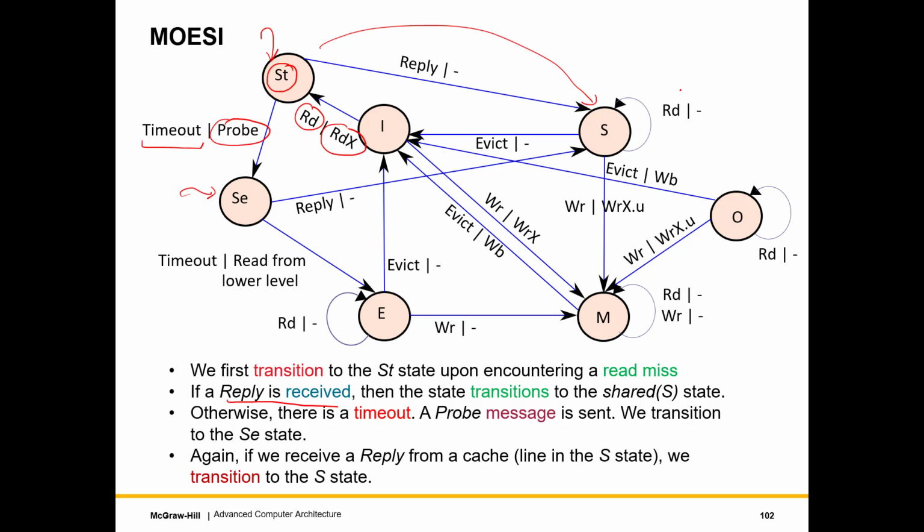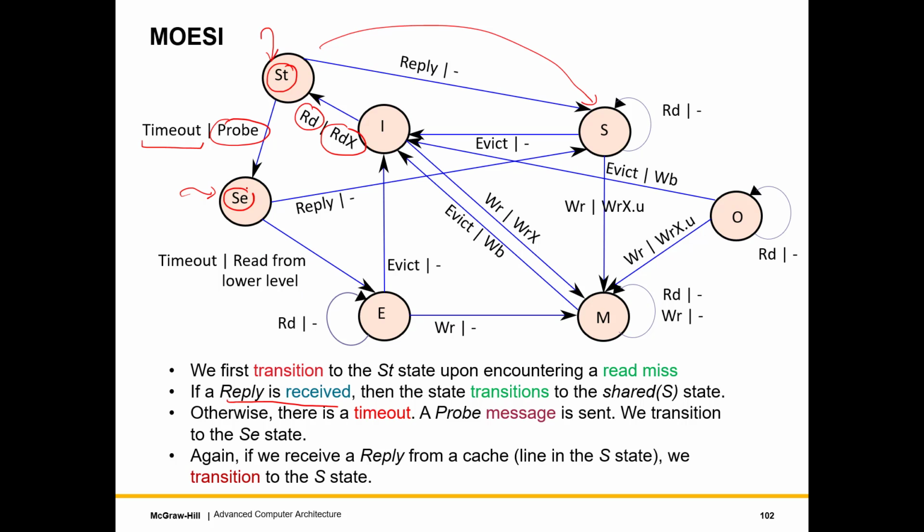So in this case, we send a probe message to all the rest of the sister caches. And let's say multiple sister caches have a copy of the block. Like the previous mechanism, they arbitrate for the bus and one of them sends a copy. But in this case, because probe messages are rare, the additional power overheads are kind of low.